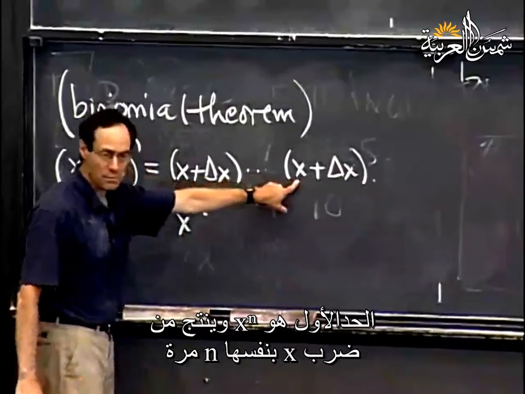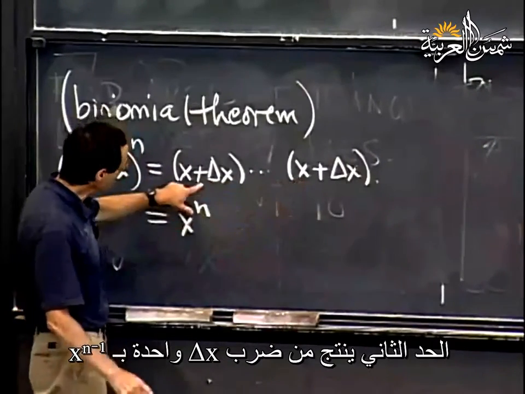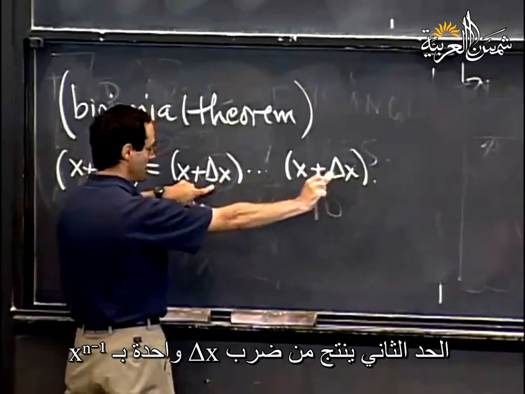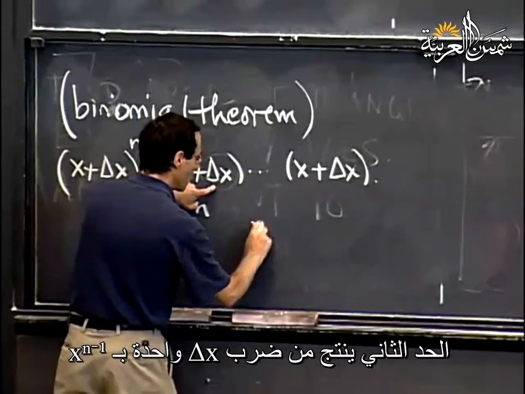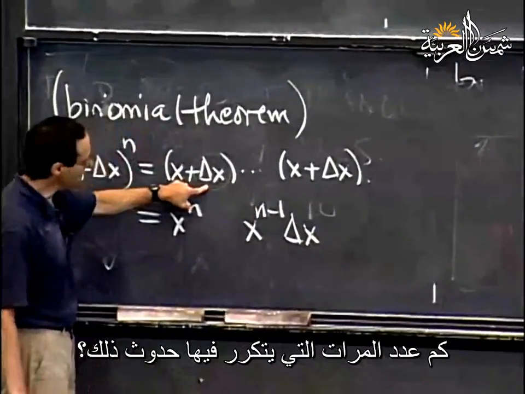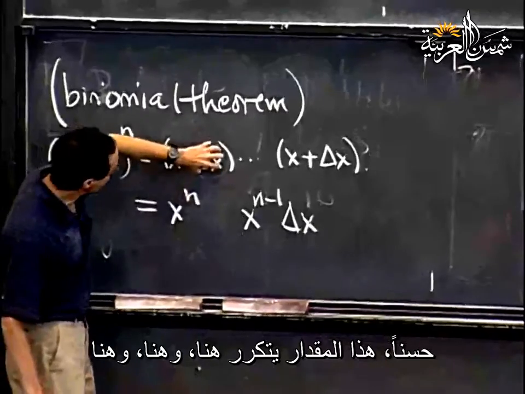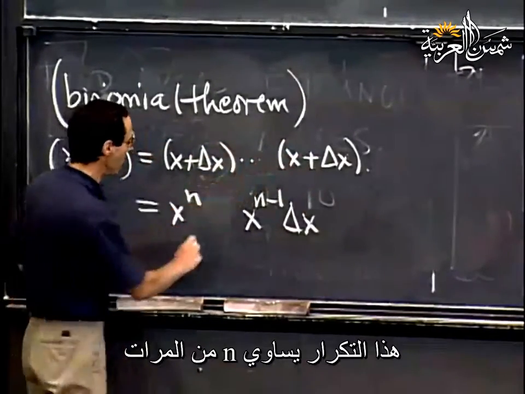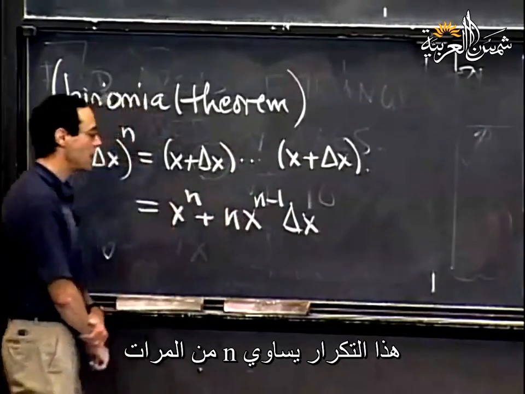That's when all of the n factors come in. And then you could have this factor of delta x and all the rest x's. So at least one term of the form x to the n minus 1 times delta x. And how many times does that happen? Well, it happens when there's a factor from here, from the next factor, and so on and so on and so on. There's a total of n possible times that happens.